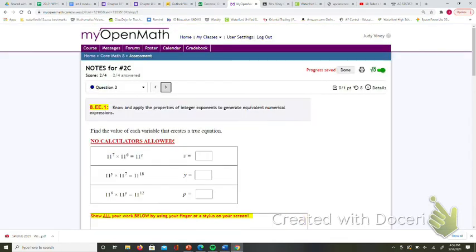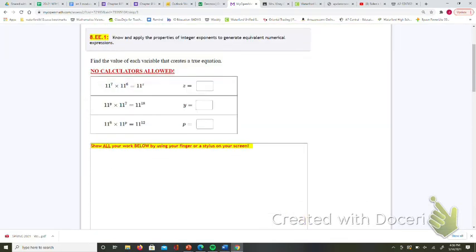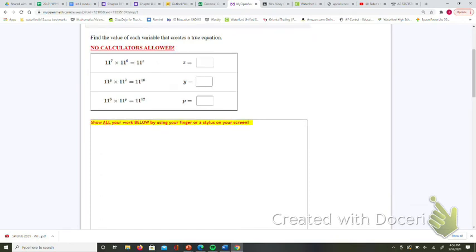Number 3. Okay, so on number 3, all of these 3 problems are using the product rule, the first one that we learned. So what we're going to do is in the work area, we're going to write the product rule so that we can use it. Okay, so everybody, we're going to write product rule.